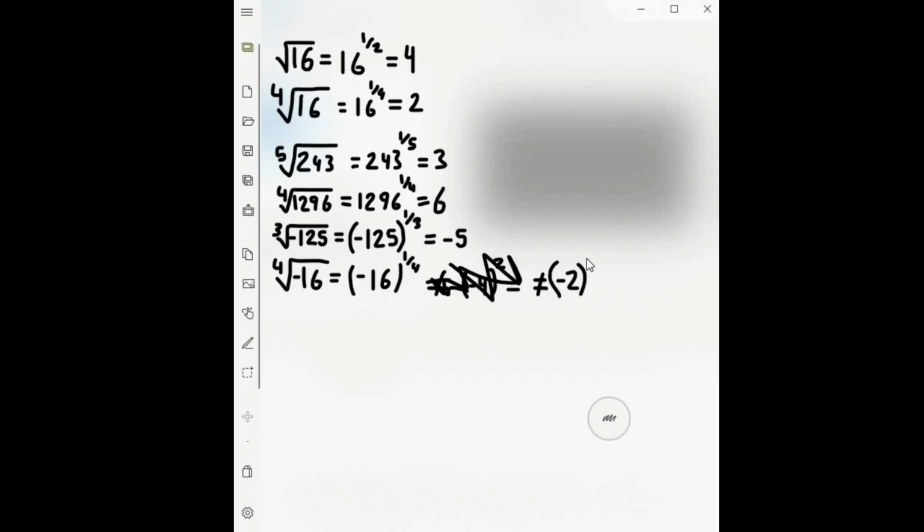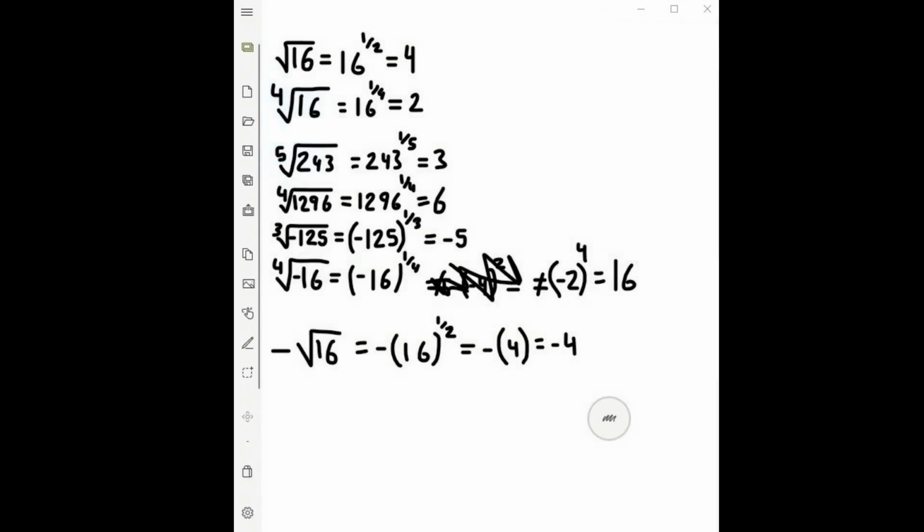Like if we had negative 2 to the power of 4, we would get just 16 because there's a positive exponent. If we wanted to have a negative answer, we would put the negative sign outside of the radical. And then no matter what the exponent is, we'll always have a negative number because the negative sign is outside of the brackets, outside of the radical, and it's as simple as that.